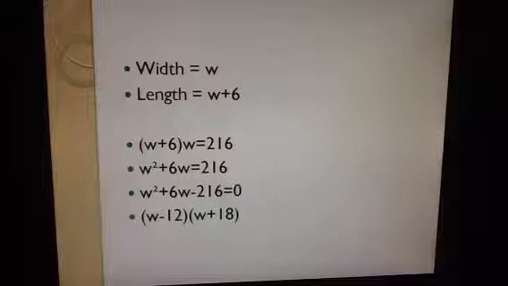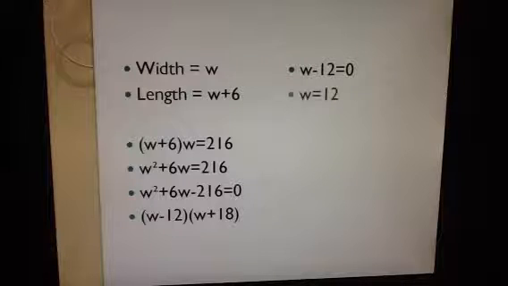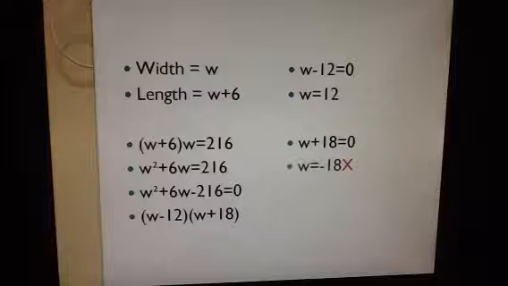After this, you factor that trinomial and you find what multiplies to negative 216 and what adds to positive 6, and you get w minus 12 times the quantity w plus 18. You then have to set both of these equal to 0, and you end up with w equals 12 and w equals negative 18.